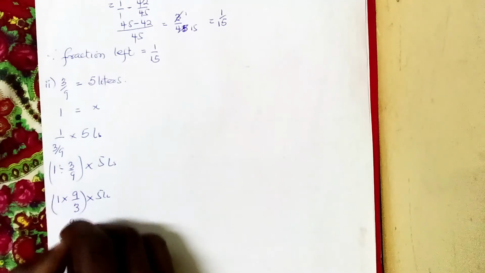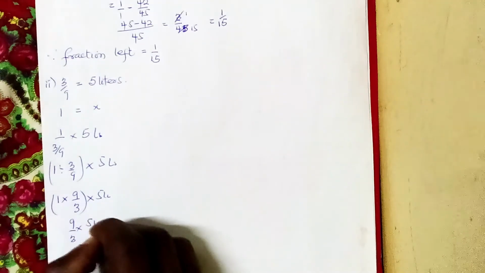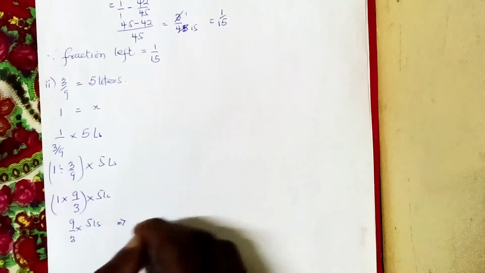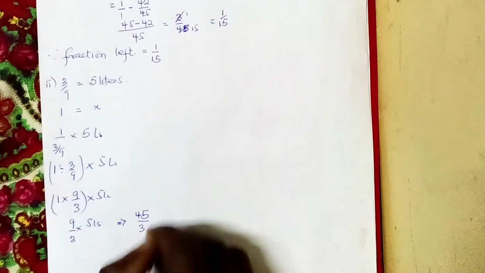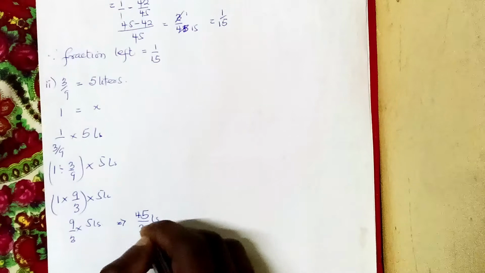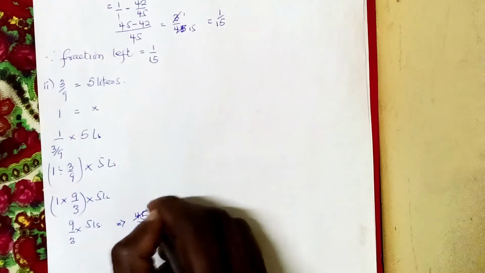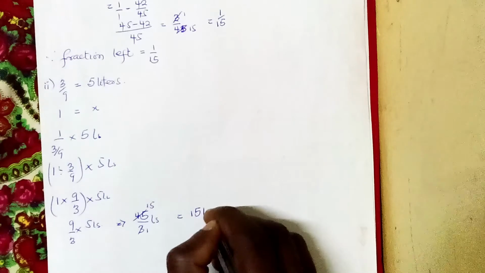Multiply them, we are going to get 9 on 3 by 5 liters, which is going to be equal to 45 over 3 liters. Whereas you can cancel out. We have 3 into itself 1 into the 45 15 times. Hence our answer gives us 15 liters.